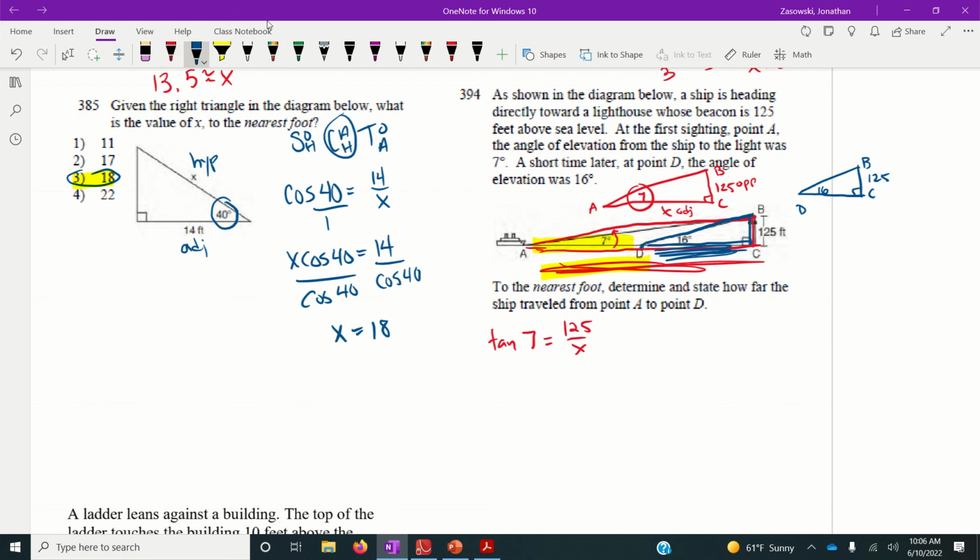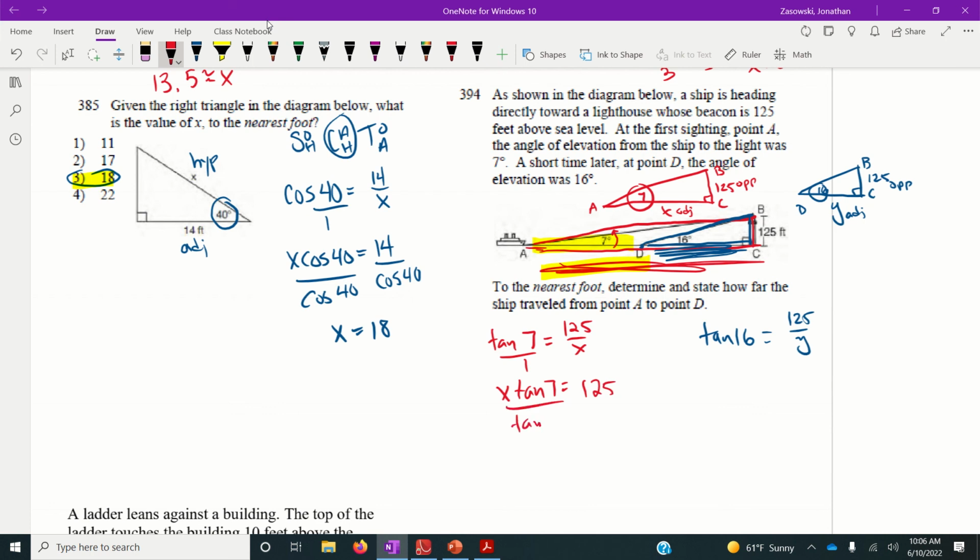And in the smaller triangle over here, we're looking for this side, we'll call it Y. We also, once again, have the opposite and the adjacent. So we're going to do the tangent of 16 is equal to 125 over Y. In both instances, we're going to cross multiply because we're looking for a side. We're not going to have an answer right away because we're going to have X times the tangent of 7 is equal to 125.